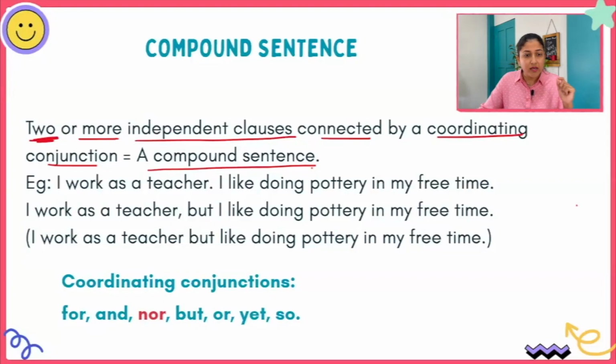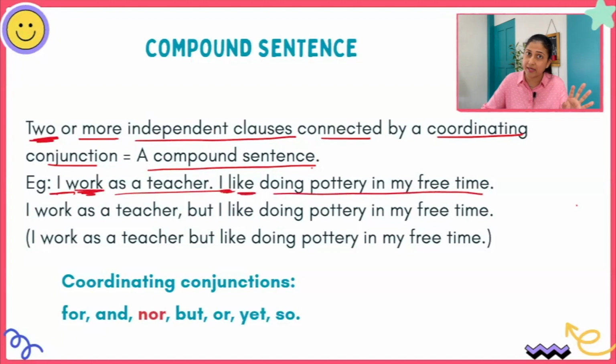Look at this. Here we have an example, two simple sentences. I work as a teacher. One subject, one verb. Then we have another simple sentence. I like doing pottery in my free time. Okay, so two simple sentences. Let's connect them with a coordinating conjunction to get a compound sentence.